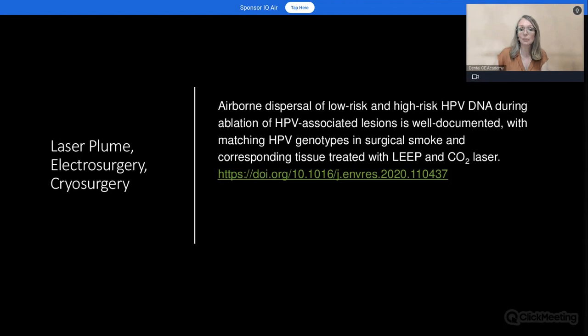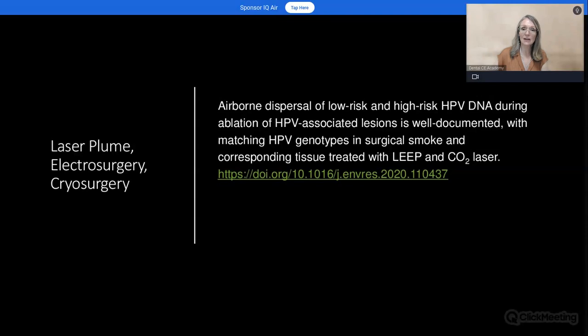Laser plume, electrosurgery, and cryosurgery. The airborne dispersal of low risk and high risk HPV DNA during the ablation of HPV associated lesions is well documented. What does that mean? It means that gynecologists who have removed HPV lesions from the cervix of patients who had HPV infection using laser, electrosurgery, or cryosurgery produce a plume.